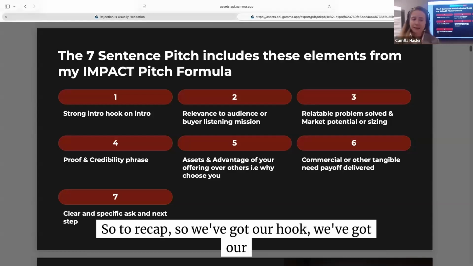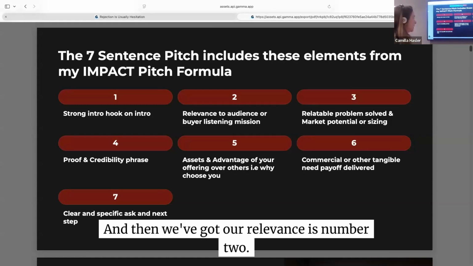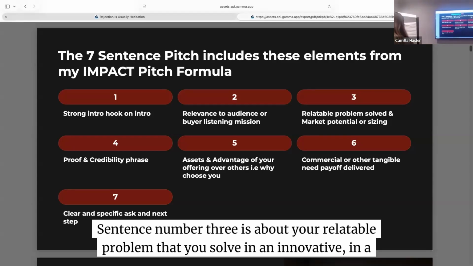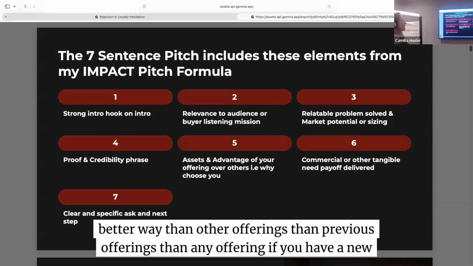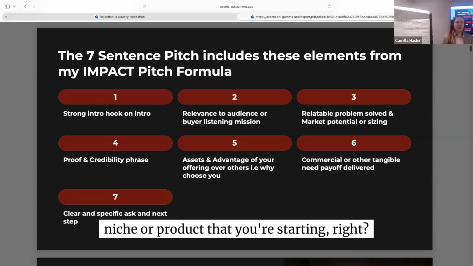So to recap, we've got our hook, and then we've got our relevance as number 2. Sentence number 3 is about your relatable problem that you solve in an innovative, better way than other offerings, than previous offerings, than any offering if you have a new niche or product that you're starting.